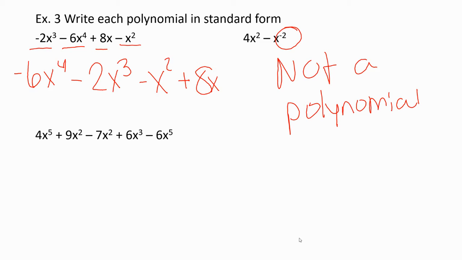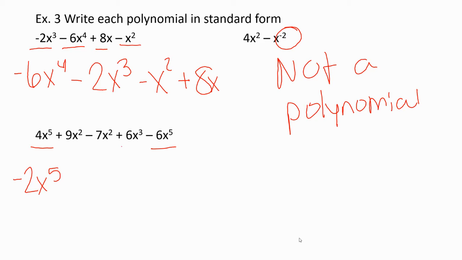The last one down here, we have to combine like terms. The largest exponent is 5, and we have two terms that both have an exponent of 5. Therefore, those are like terms, so we have to combine those. So we have 4 and negative 6, that's going to give us negative 2x to the 5th.